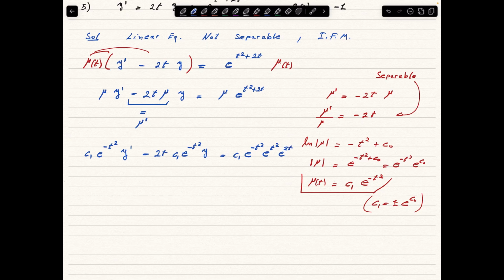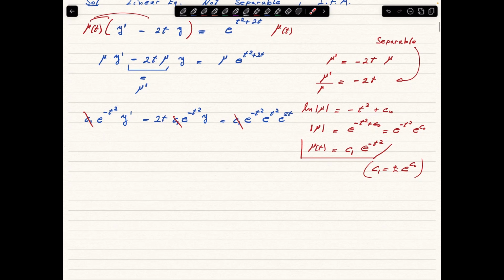And see what happens. The first thing we are going to do is get rid of the constant, because the constant is not helping at all. We could also get rid of the exponential, but then we are back where we started, and we don't want that. What we want is to realize, let's write one more step. We have here exponential negative t squared y prime, and notice what we have right here.